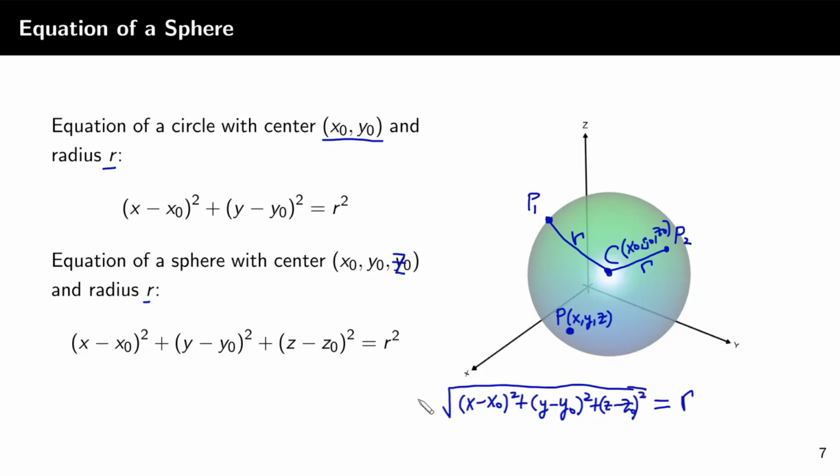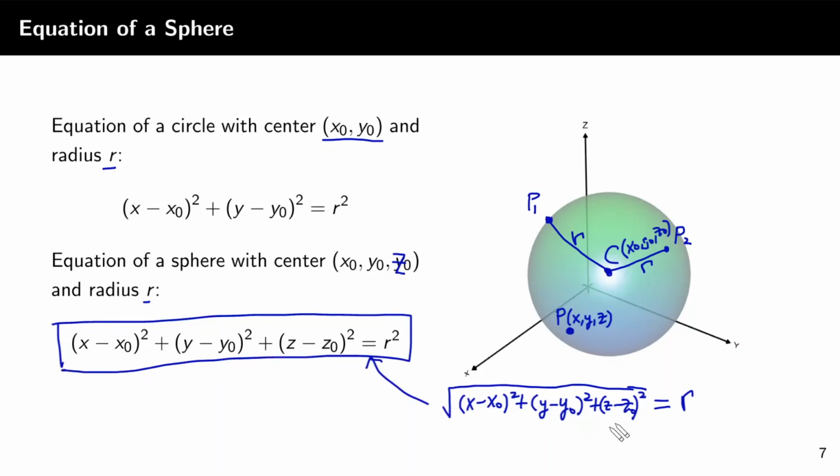Now, how do we get from this formula to this? All you need to do is square both sides. After squaring both sides, the radical on the left side disappears, and the right side, of course, just becomes r squared. So that's where the equation of a sphere comes from.